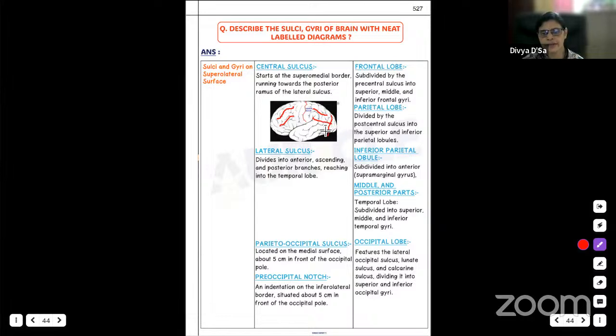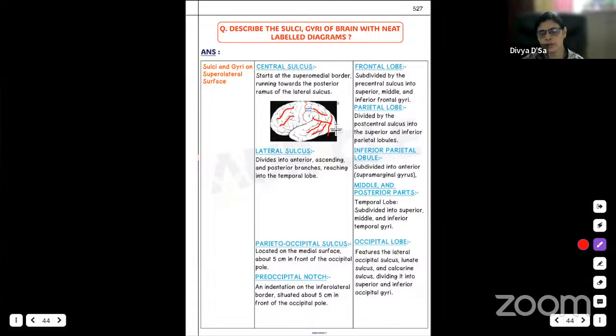And then we have the occipital lobe here and the temporal lobe here. In the temporal lobe, we have the superior temporal and inferior temporal sulci, which divide it into the superior, middle and inferior temporal gyri.